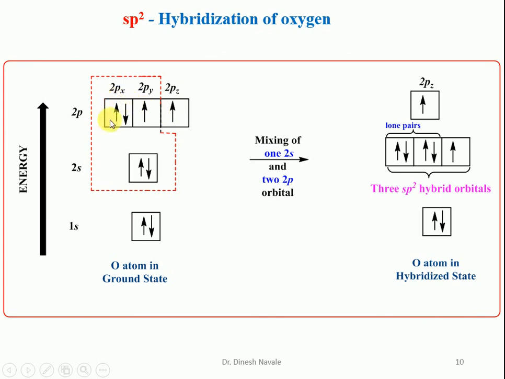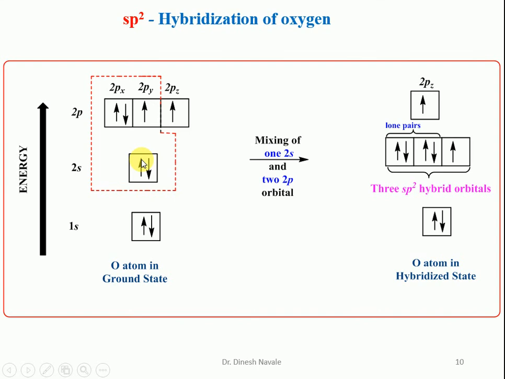The 2px has a pair of electrons, as well as the 2s. As we are discussing sp2 hybridization, we require one s orbital and 2 p orbitals. So out of the 3 2p orbitals, only 2px and 2py will take part in the hybridization, and the 2s orbital will also take part.